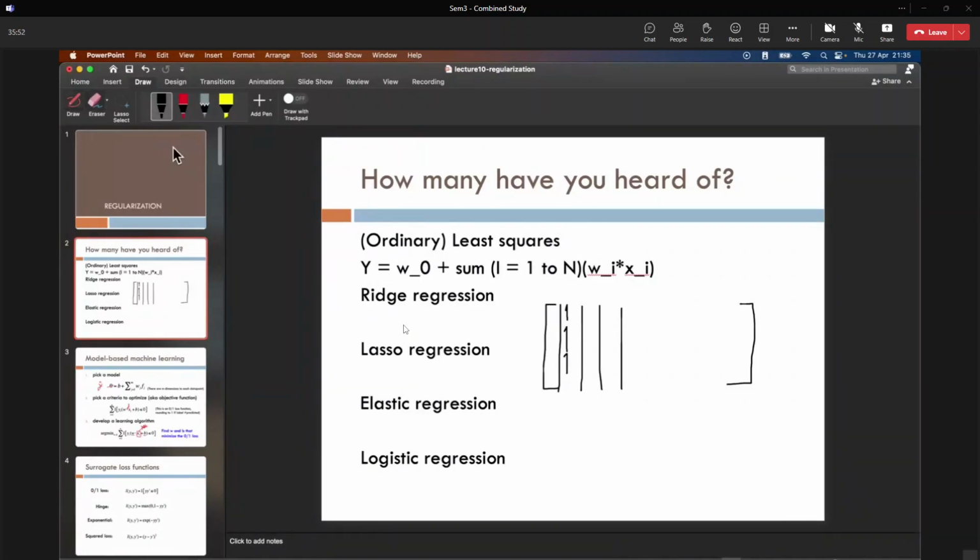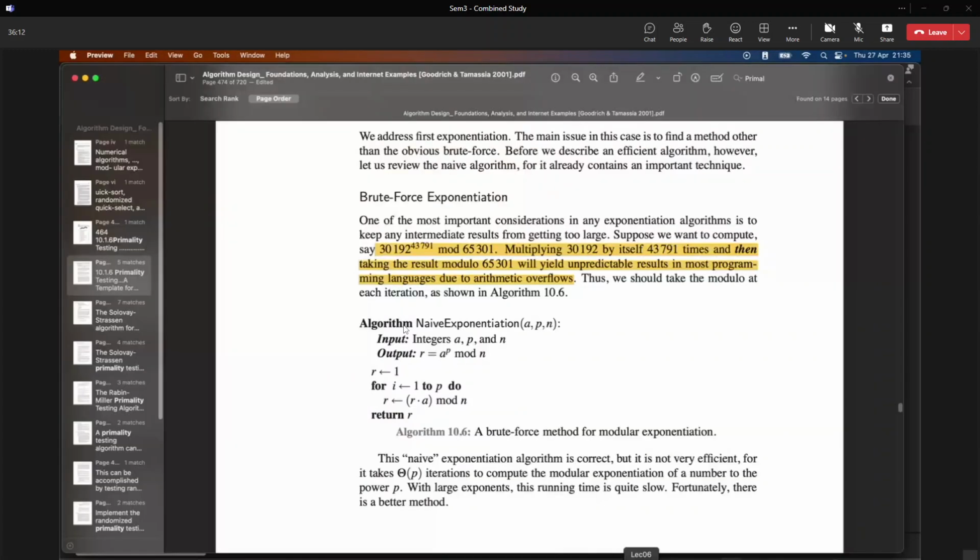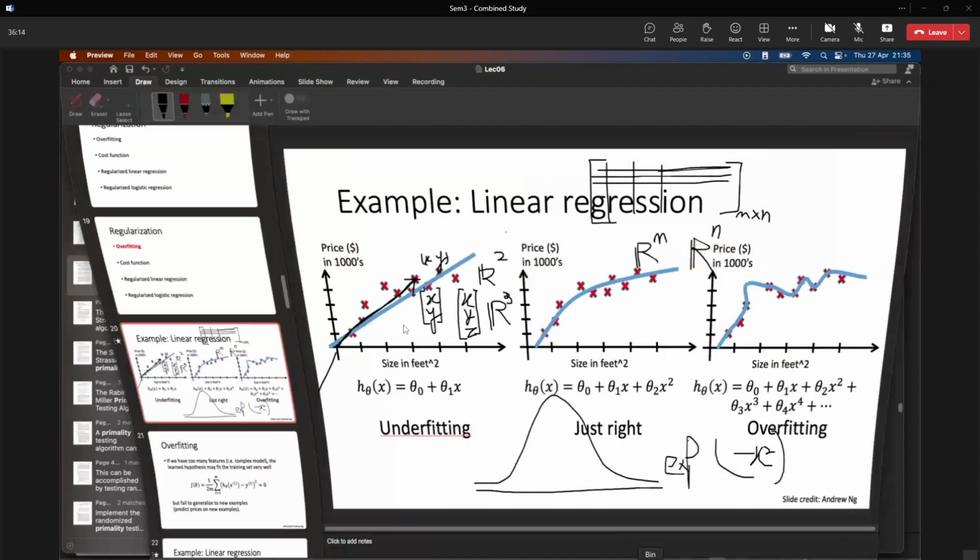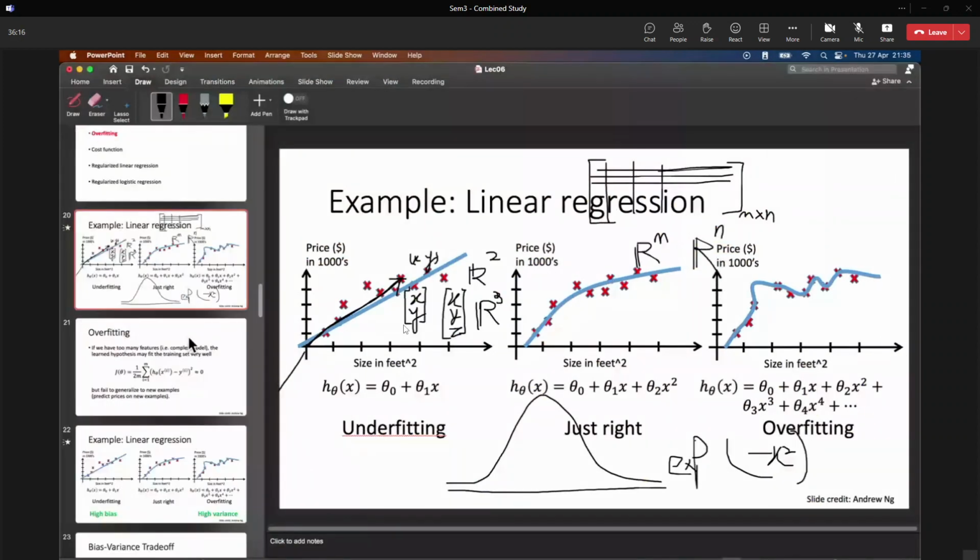Now what we have here is lasso. Lasso is L1. Lasso is least absolute shrinkage and selection something, right?